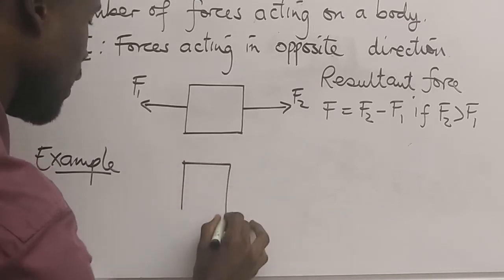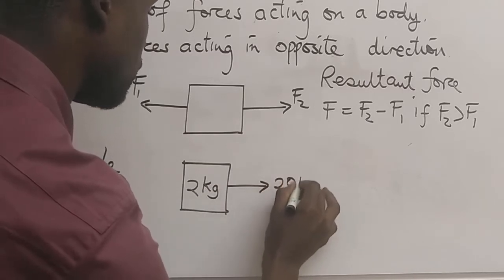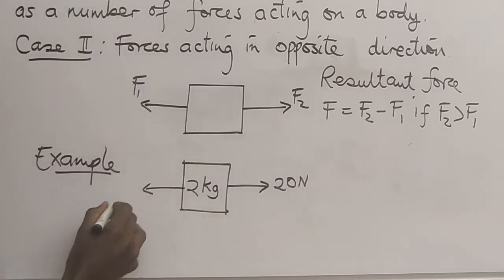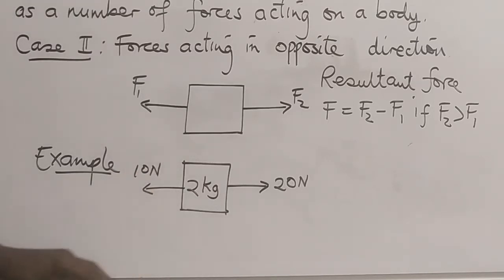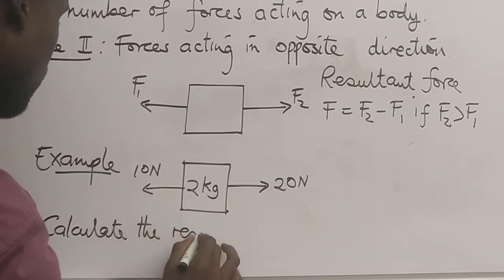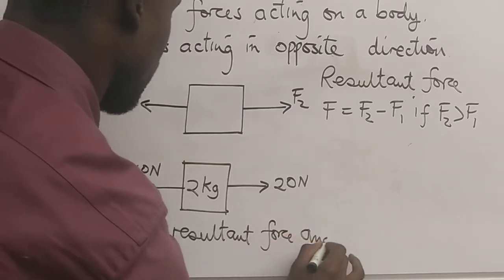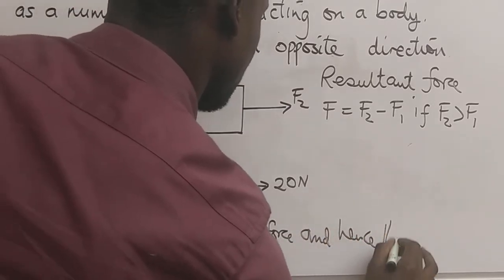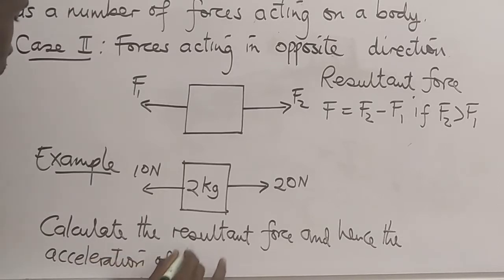An example is if I have a body here of mass 2 kilograms being acted upon by a force of 20 newtons and another force of 10 newtons. And then I am told to calculate the resultant force and hence the acceleration of the body.